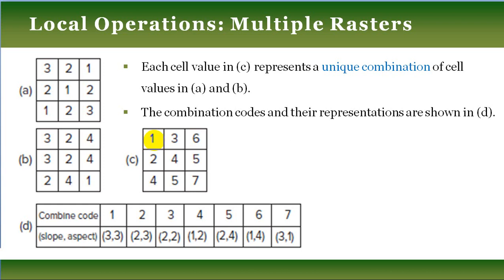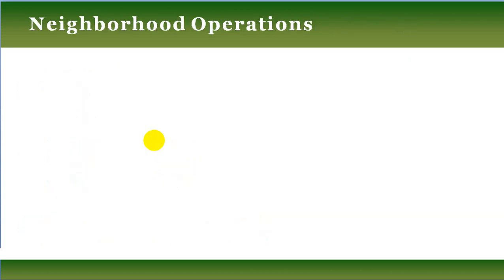If you have land cover rasters for different years for the same area, you can perform a change detection study. If you want to perform suitable site selection, a lot of the time we perform raster local operations, either based on a single raster or multiple rasters. Then we will go to the next one, that is the neighborhood operation.